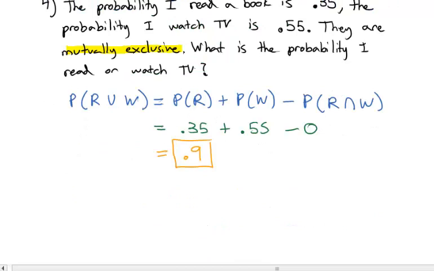Another type of probability problem that we're going to work with after our addition rule are doing probabilities with tree diagrams.